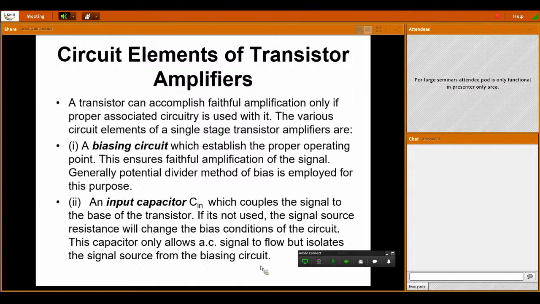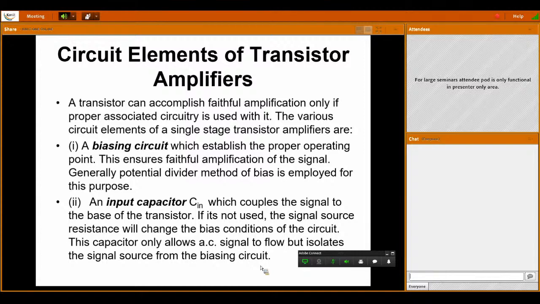Only the voltage divider bias, which we also call the potential divider method or self biasing method, is employed, because its stability factor is near the ideal value, which is equal to 1. We can obtain that only in the potential divider method of biasing.